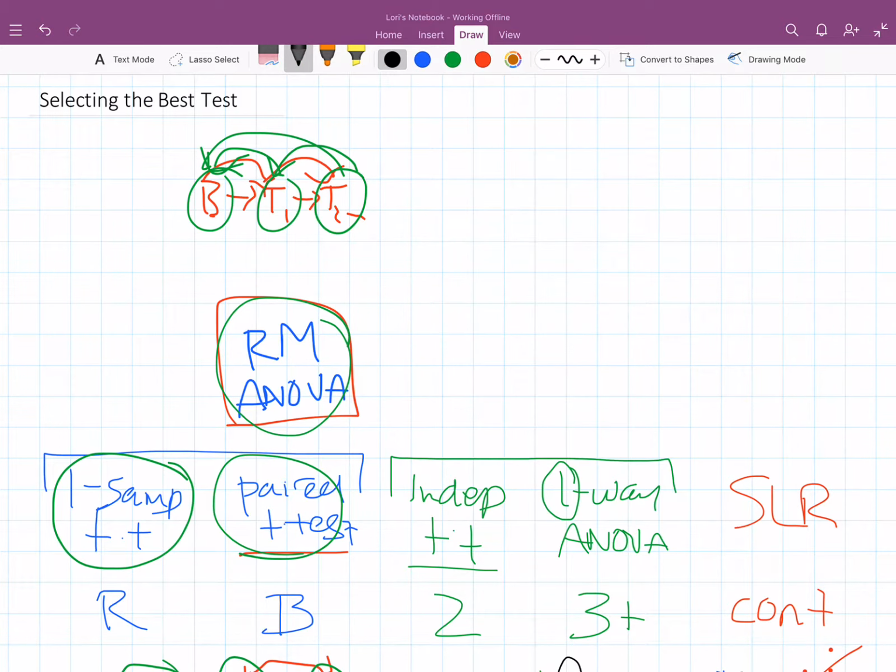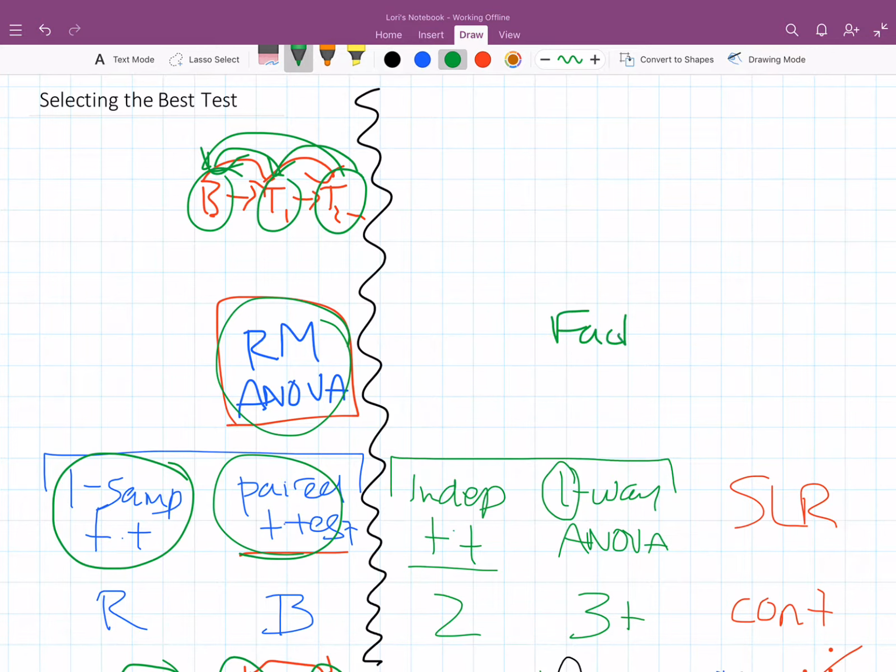After that, I like to draw this imaginary line between these, because what we're doing over here on the left-hand side is really quite different mathematically than what we end up doing on the right-hand side. So over here on the right-hand side, we can extend this idea of the one-way ANOVA to something called factorial ANOVA.